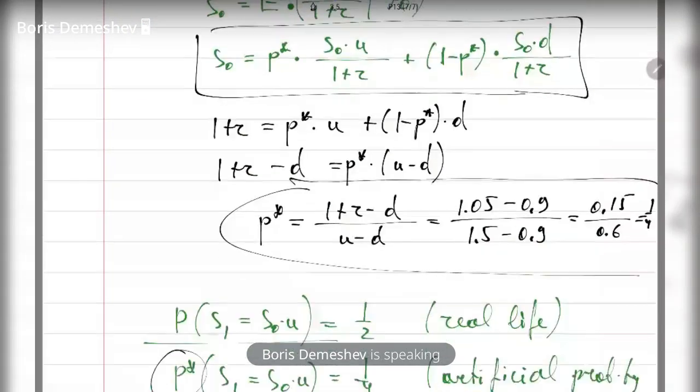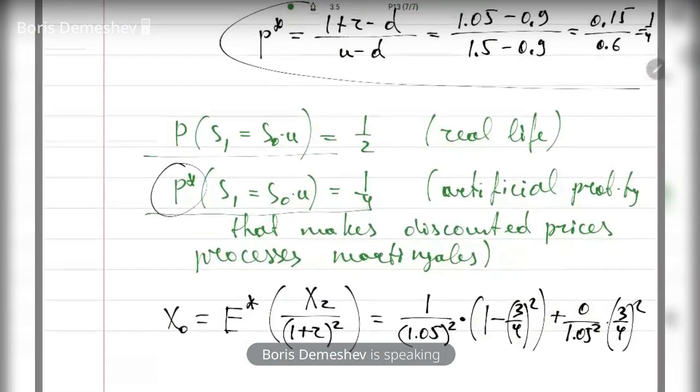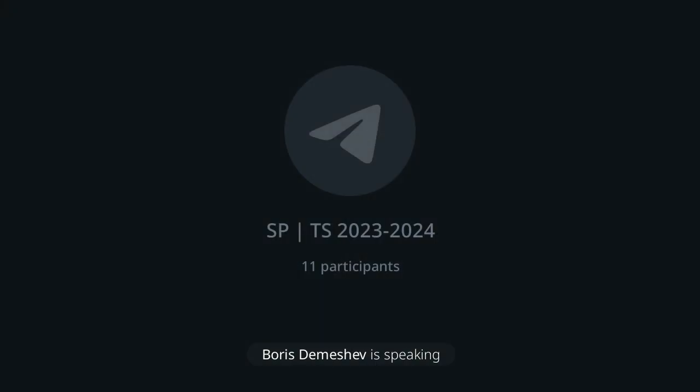So calculate this artificial expected value. By artificial, I mean that the result is not observable in real life; x0 is a value that is observable in real life, and can be used in real life. That's just the price of an asset at time moment 0.